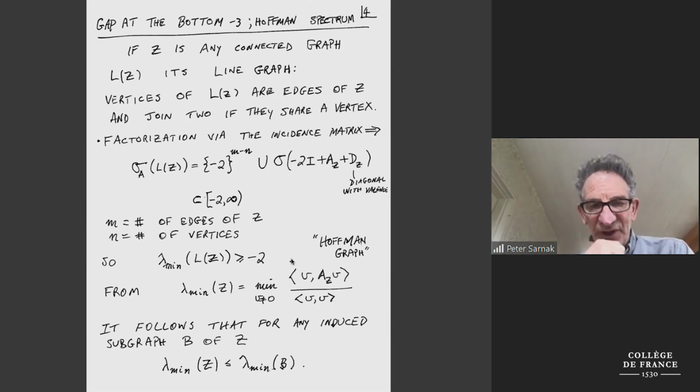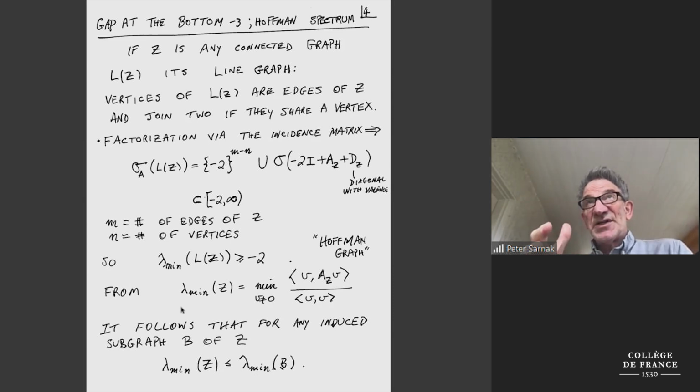And the reason is the following. The smallest eigenvalue, just from the variational principle, since things are symmetric, is the minimum of this Rayleigh quotient that we're all familiar with. And so suppose B is an induced subgraph of our starting graph Z, and I write down this quadratic form.